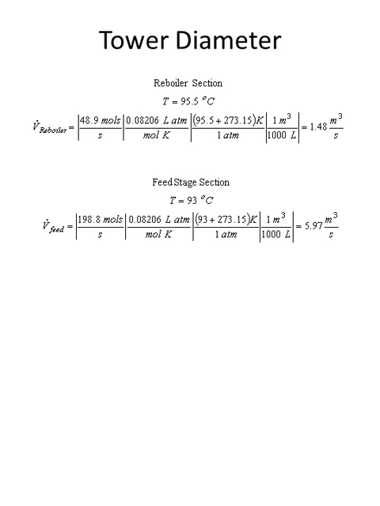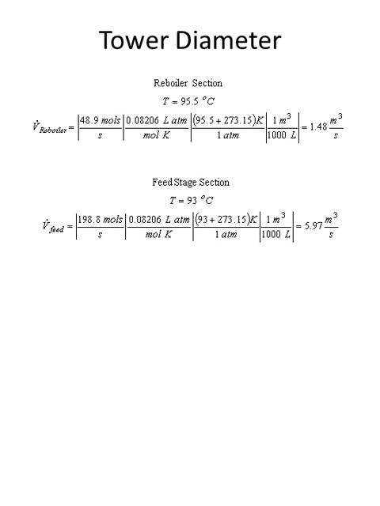And we're going to use the ideal gas law to take a molar flow rate and convert it into a volumetric flow rate. At this temperature and 1 atmosphere of pressure, we will find that we are operating at about 1.48 cubic meters per second.